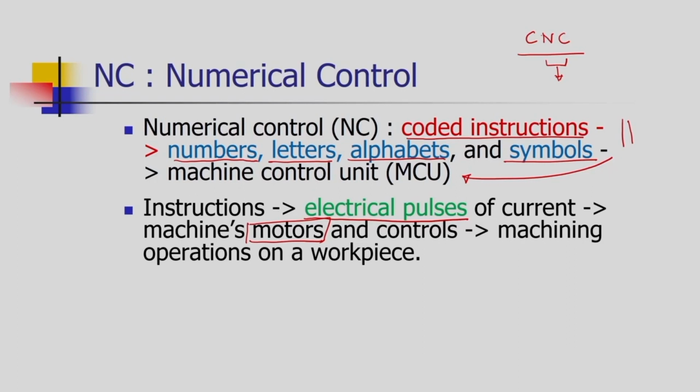Moreover, the machine control unit is getting the feedback from various sensors, and based on that sensor feedback it may take the decision to adjust or vary the number of pulses that are to be generated and given to the motors. That we call the control. So the operation of the drives and control of the drives will be done by the machine control unit. As the motors are running, we are getting the required operation. In CNC milling machine operation, the machining would be carried out.